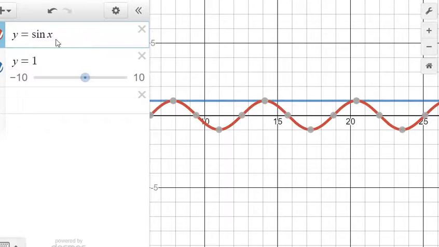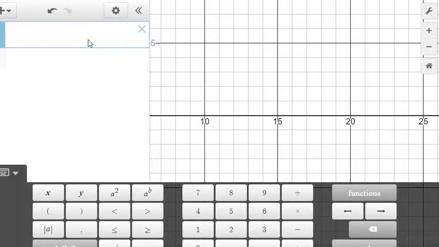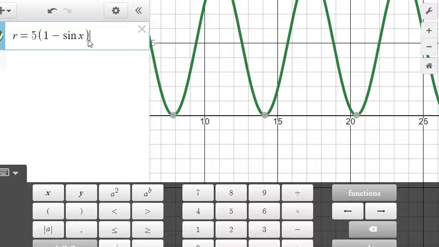Good. By the way, before I forget, let me do this. R equals 5 times 1 minus sine of x.